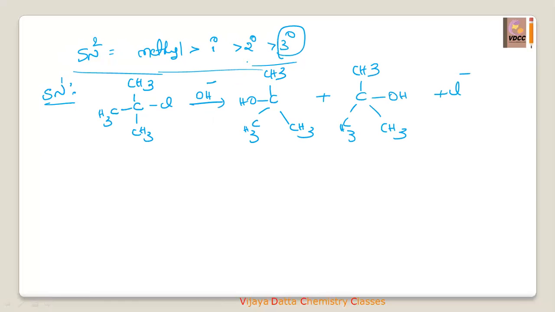Why did I write these two as a mixture, when (CH3)3COH only will be formed? This is the reaction, but why did I write 2? I'll explain while explaining the mechanism.